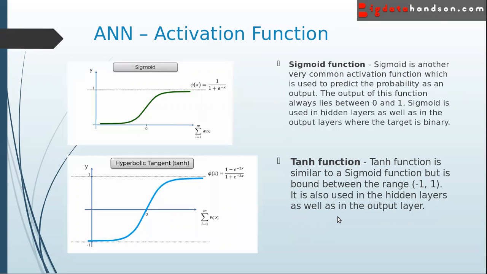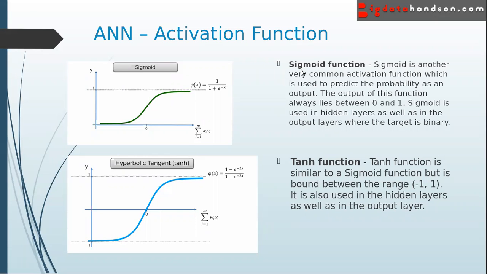And we have the sigmoid function, which we have seen in logistic regression, right? The equation is 1 by 1 plus e power minus x. The sigmoid function is another very common activation function. Sigmoid and softmax are commonly used in the output layer. If you have a classification type of problem, we'll have the sigmoid activation function in the last neuron.